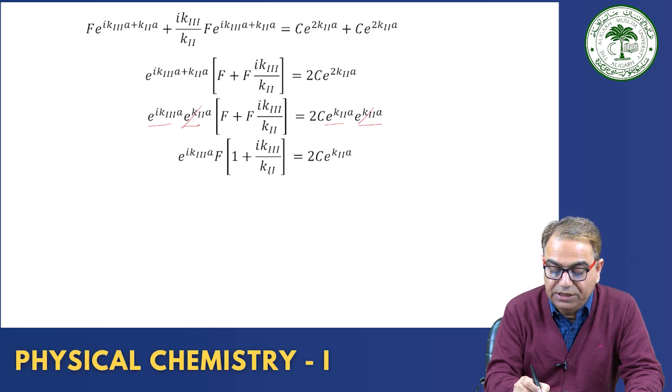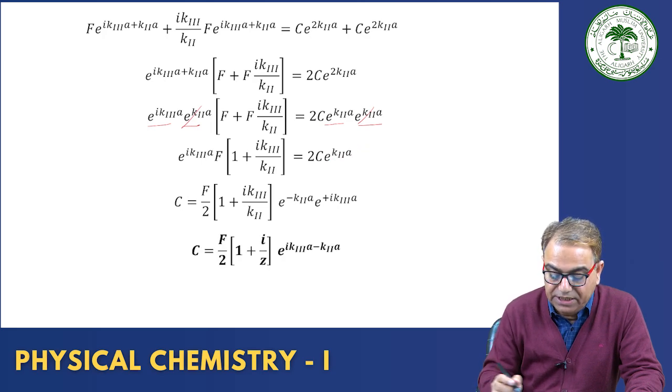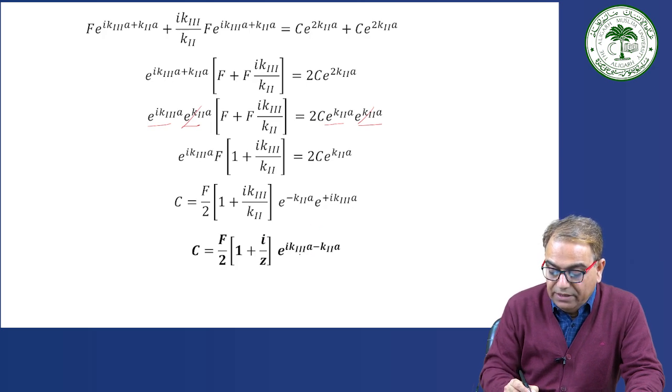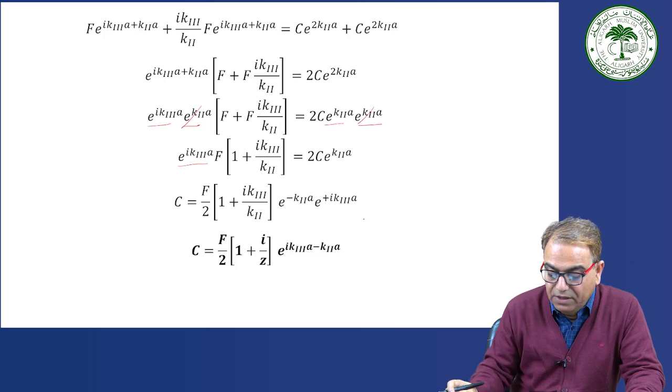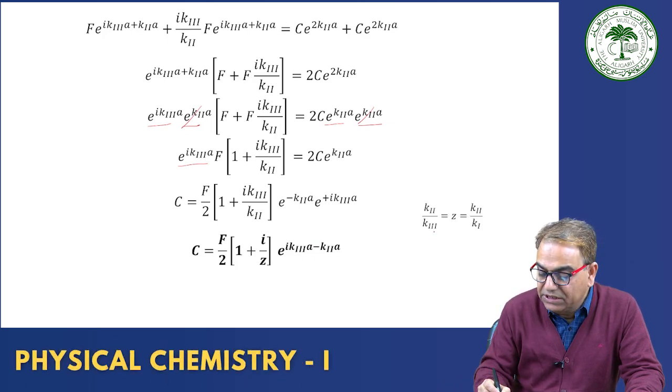So 1 plus i k3 by k2 equals 2C exponential k2a, and this k3 by k2 term I can write as 1 by z, and so F is equal to 2C divided by 1 plus i by z, times exponential i k3a minus k2a. Okay, so this term we can write. This k3a I have brought on the right hand side. This exponential comes on the right hand side. Okay, and it goes to the denominator, and then it becomes minus i k3a. Okay, minus becomes plus. Okay, so this is the same thing. k3 by k2 will be equal to 1 by z.